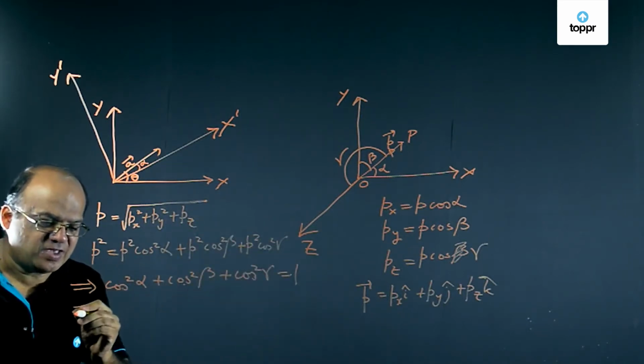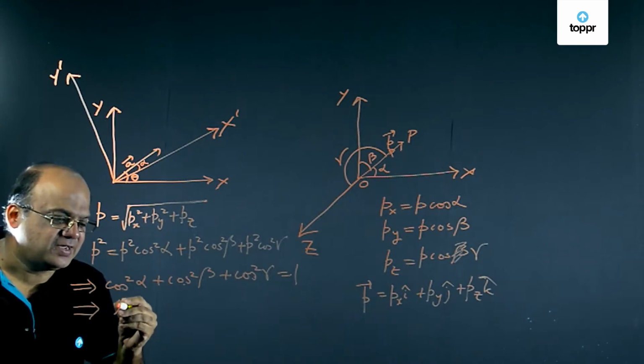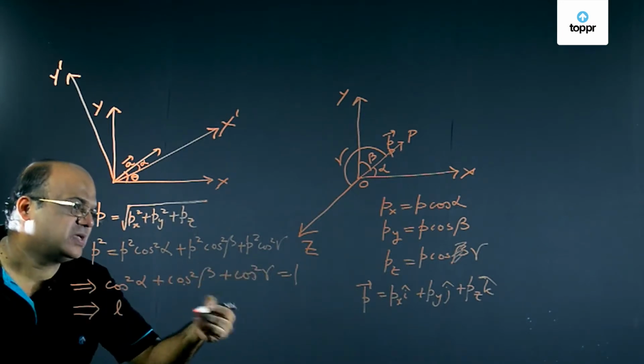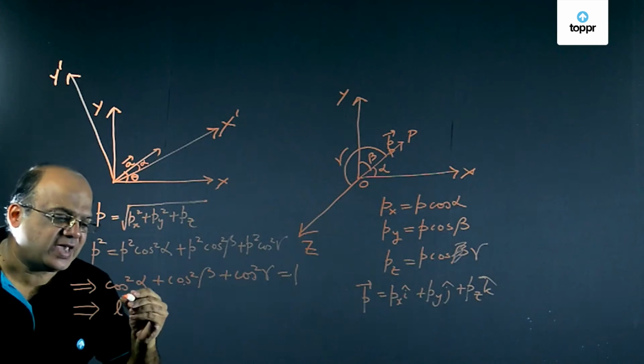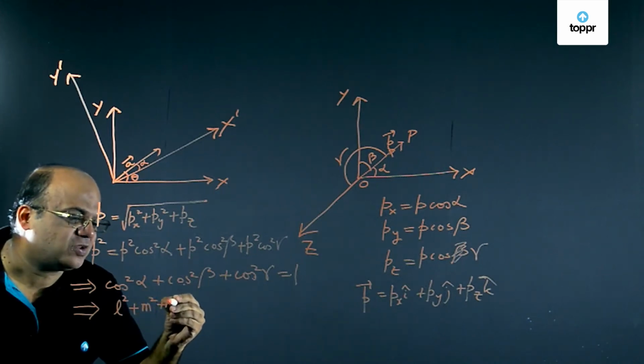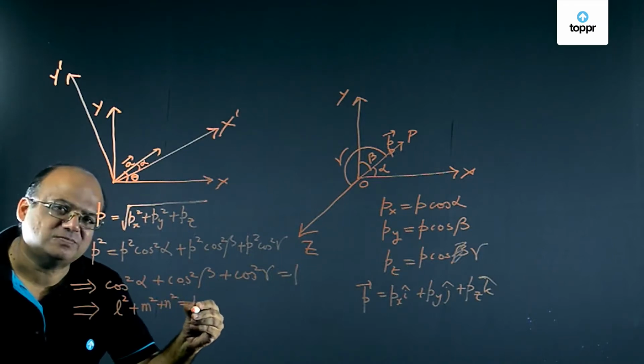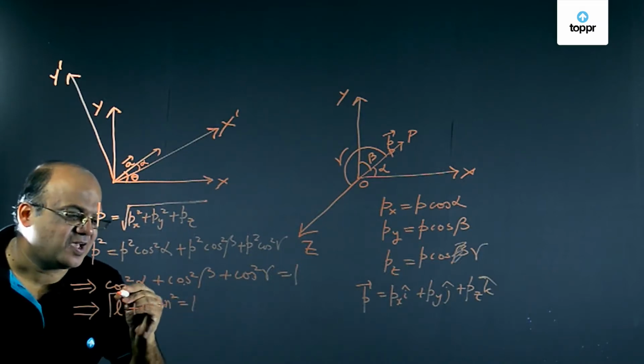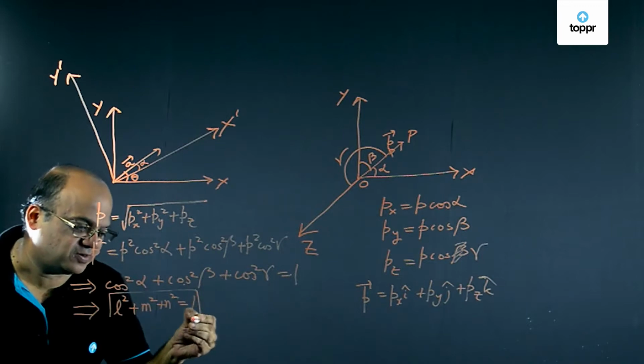If we say cos alpha is L, cos beta is M and cos gamma is N, L square plus M square plus N square will be equal to 1. This is a very important result.